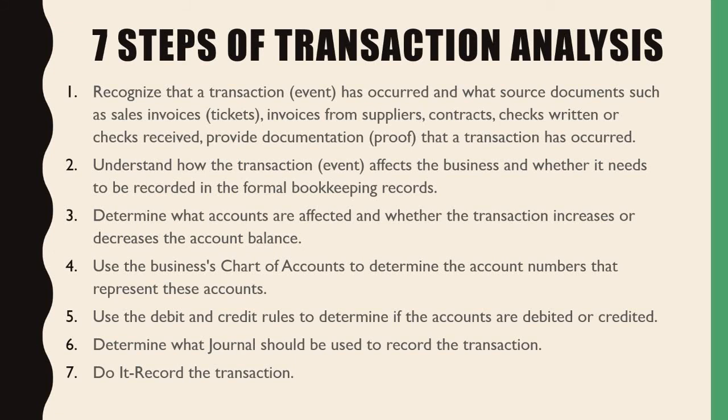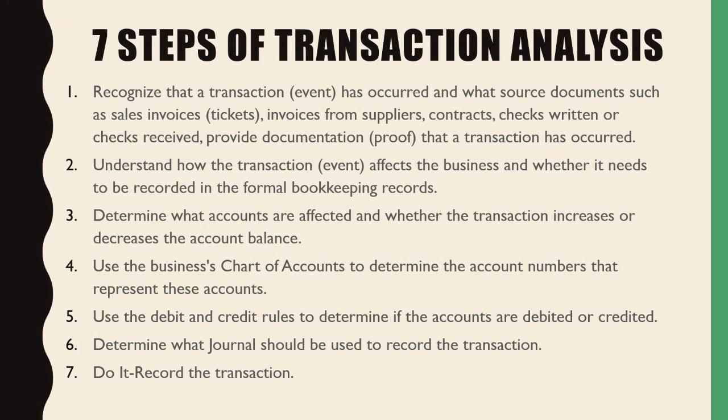And then the 5th thing that you're going to do is use the debit and credit rules. Just by determining which account you're going to use and understanding the flow of it: how do I decrease an asset? I'm going to have to credit.